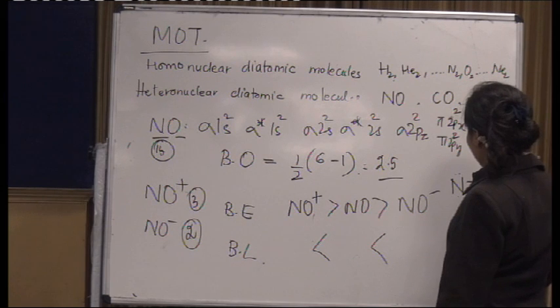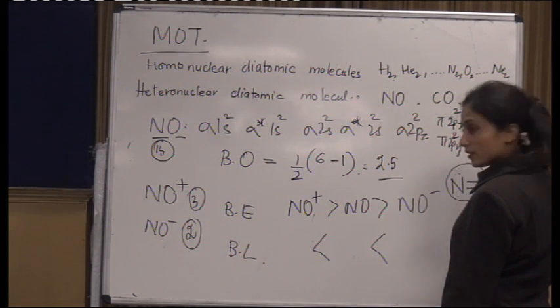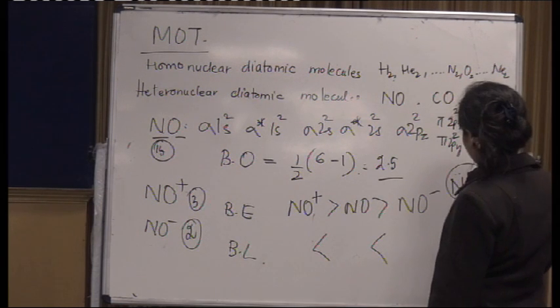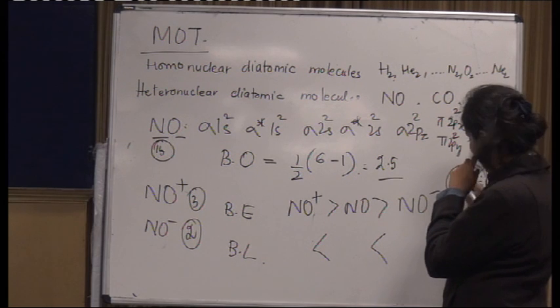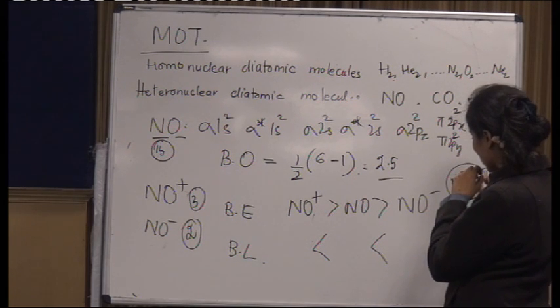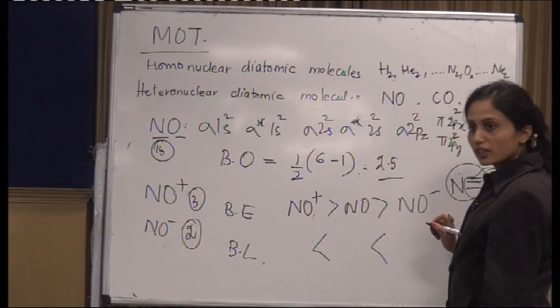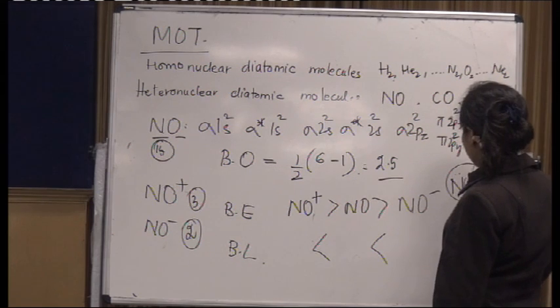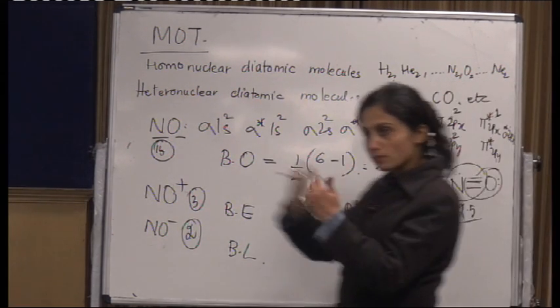So basically it's just drawn as a combination: nitrogen needs 3, but oxygen needs only 2. So that is why it's an odd electron molecule, because of this one lone pair, and you have 2 bond pairs, and then this one is also coming in the shared form from the oxygen itself. So it is half, because the contribution is only half. So in this case you have the bond order as 2.5. So that is what you have to understand now.